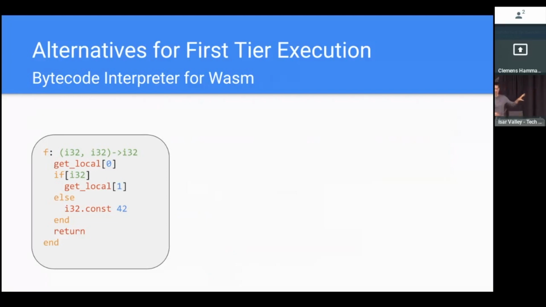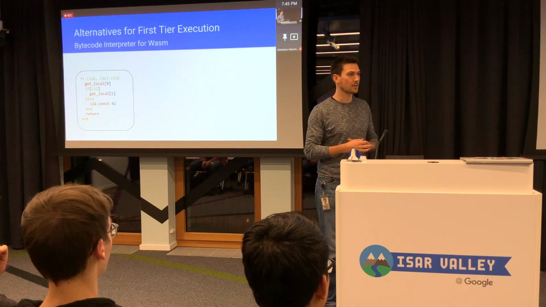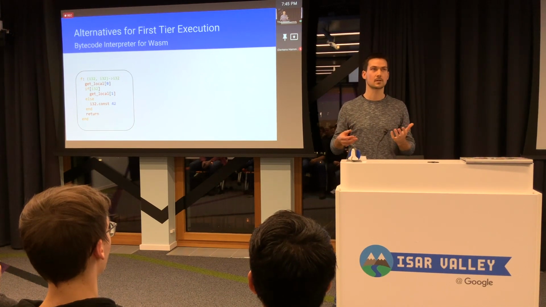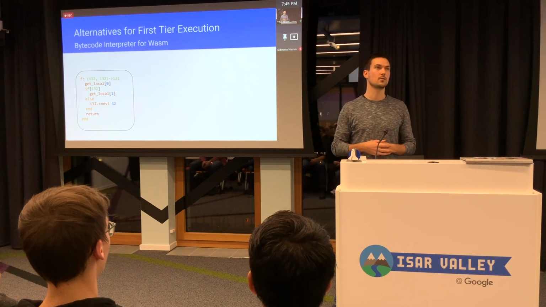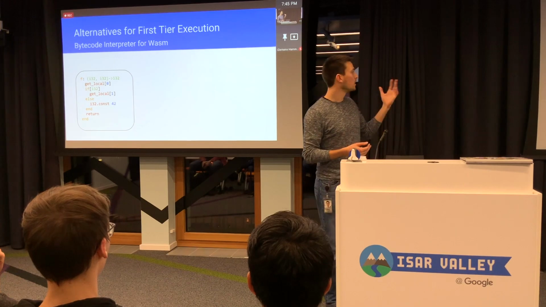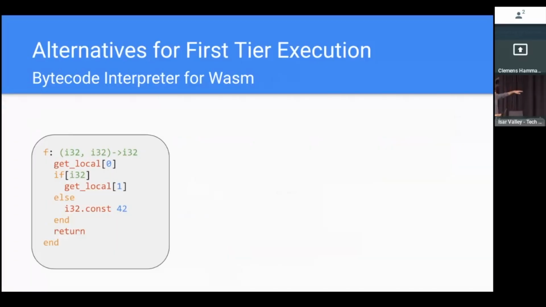This is the example I will use throughout the rest of this talk. It's a simple WebAssembly function that takes 2 int32 inputs and returns an int32. When this function starts, the 2 input values, or the 2 parameters, are stored in the 2 local variables 0 and 1.